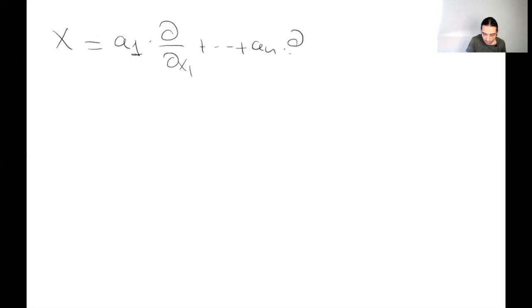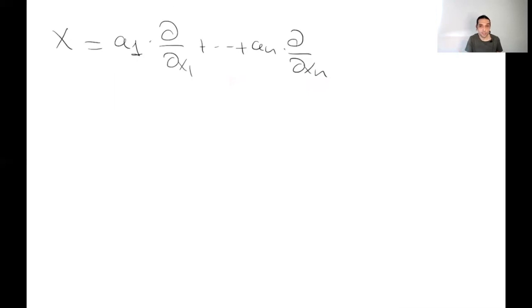right? Because if we consider local coordinates, in local coordinates, we're going to have something like this. And these coefficients are just going to be the result of applying the derivation to functions that are equal to x1, x2, and then xn in the neighborhood of a point.